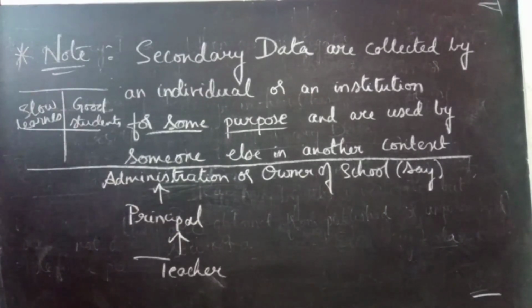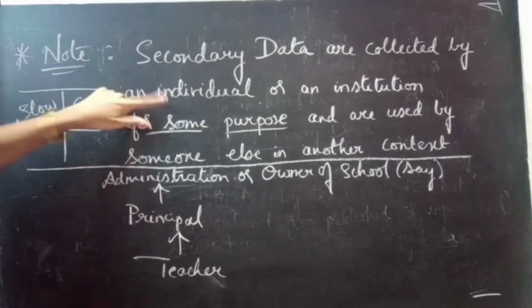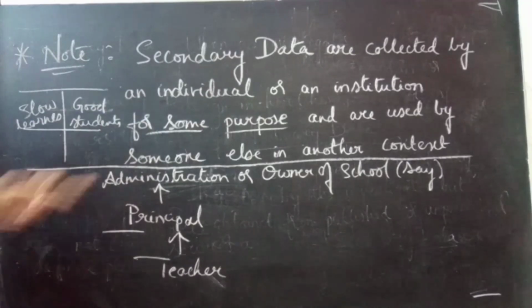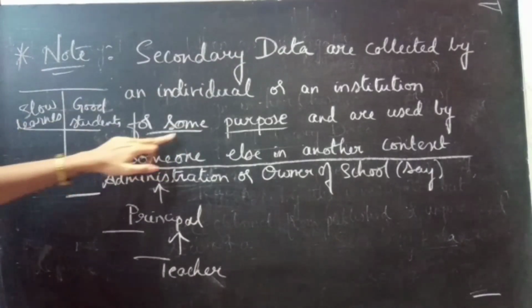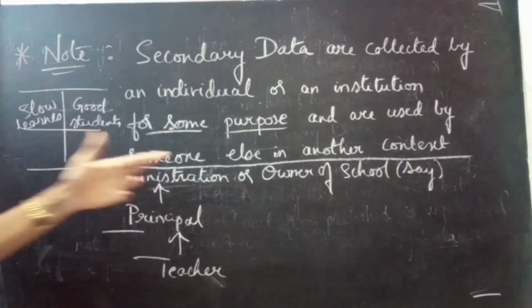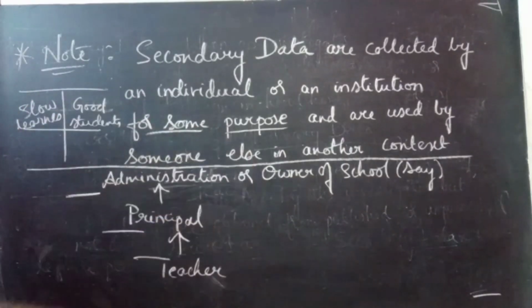So secondary data are collected by an individual or an institution for some purpose and are used by someone else. So this is all about raw data, primary data and secondary data.